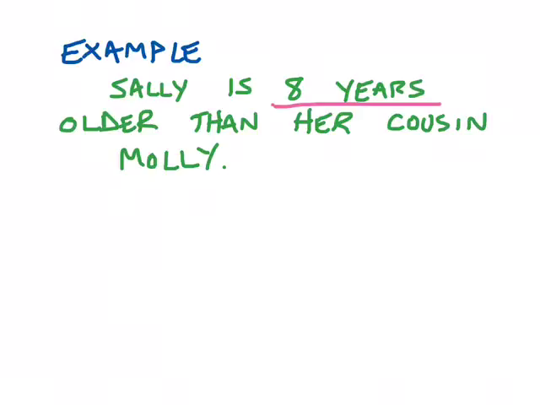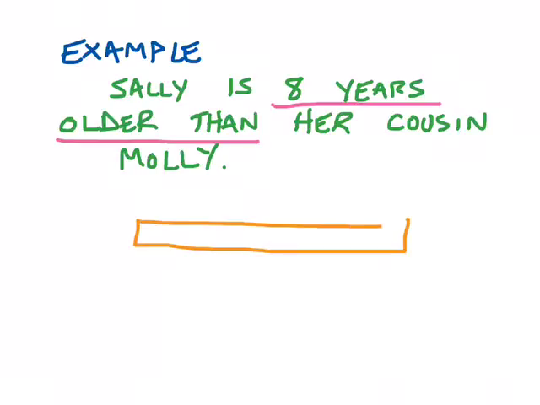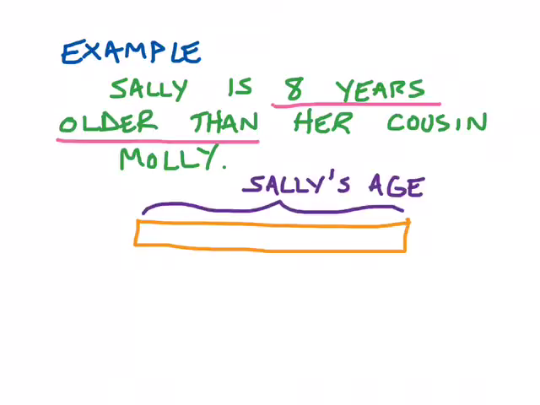It occurs to me that the important relationship here is that Sally is 8 years older. She's older than Molly is. And one way that I can keep myself organized here is actually to make a bar diagram. So I'm going to start with one big bar like I usually do. And in this case, I know that Sally is older, so I'm going to make this whole big bar represent Sally's age.